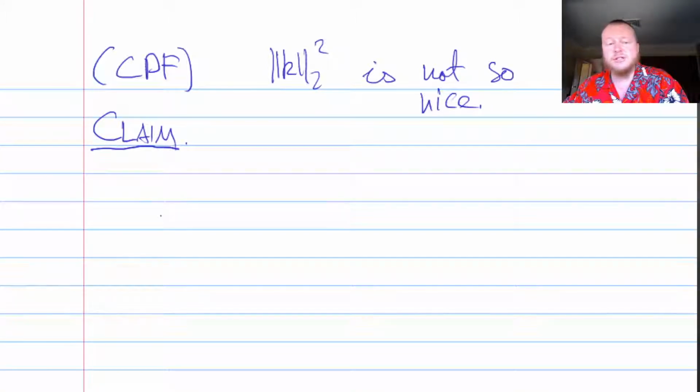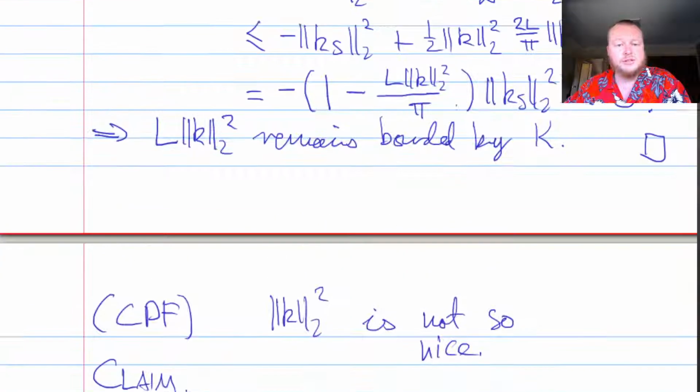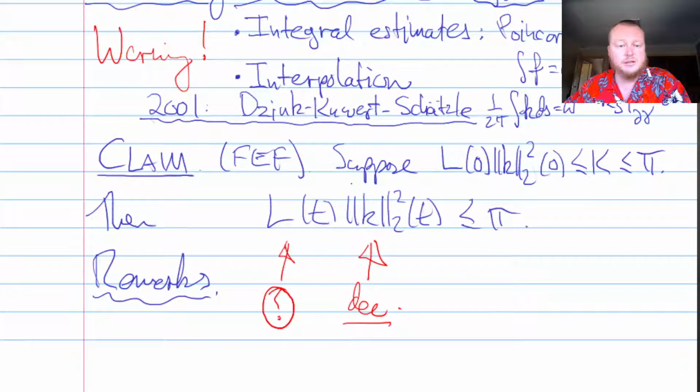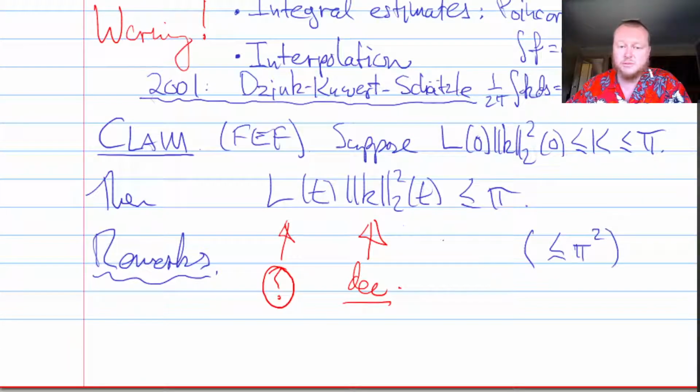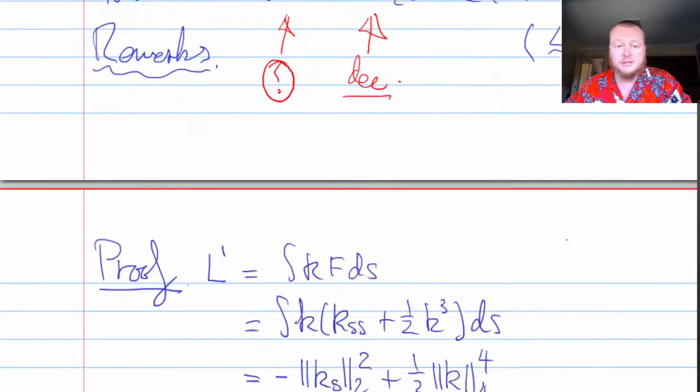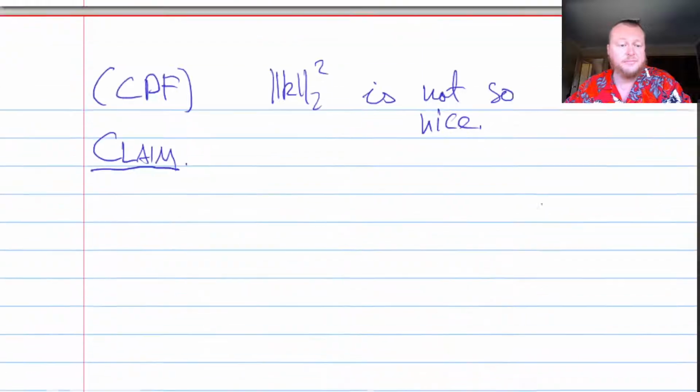By the way, you can see that this assumption on this total turning quantity of pi is actually the main part where this assumption comes in. Remember that our goal would be to show pi squared. So if this argument could be improved to make this pi squared, then there'd be a real hope of bridging that gap up to pi squared. That would be really interesting.